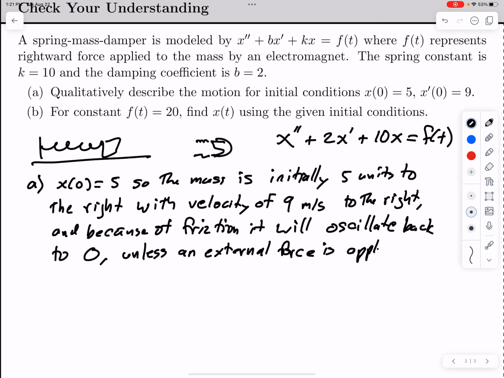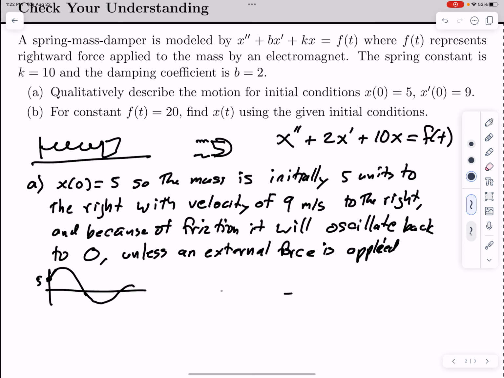And so if I had to graph this, it's starting here at 5, it's got an initial slope of 9, and it's going to oscillate down to 0, something like that.